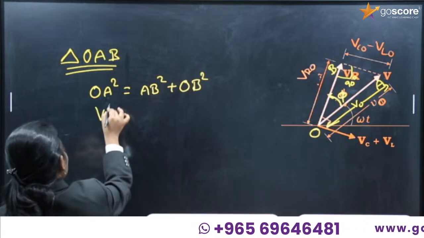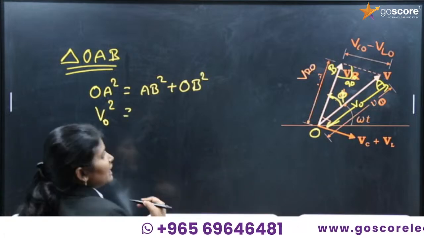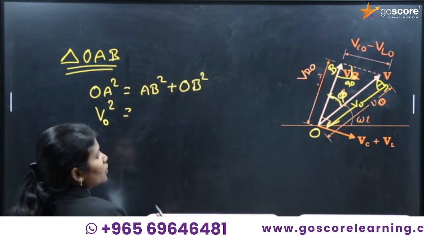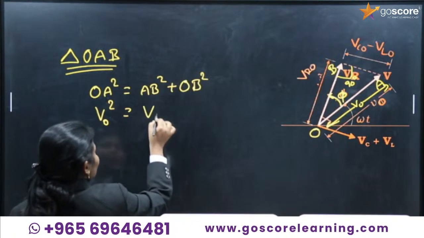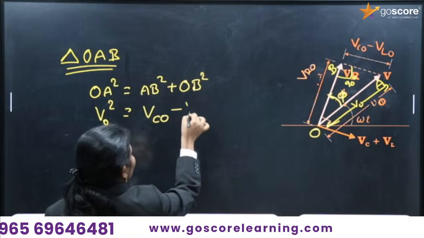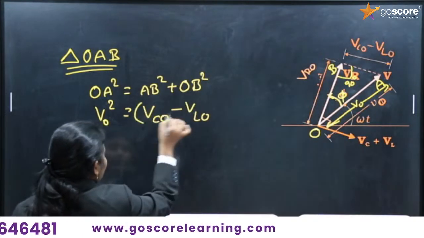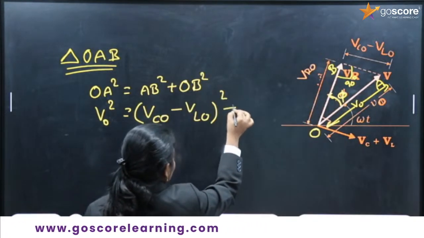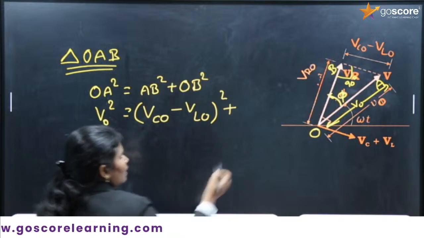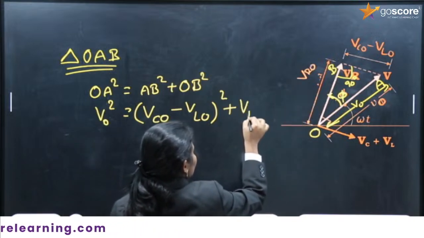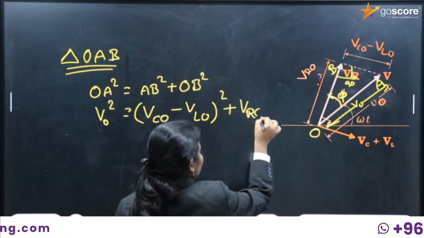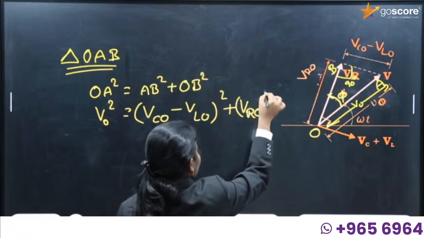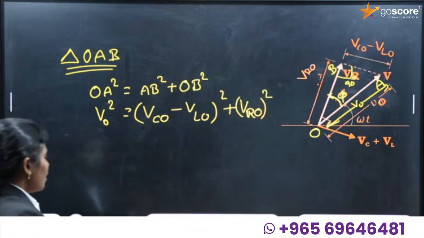V naught square is equal to, what is AB? VC naught minus VL naught whole square, plus what is OB? VR naught whole square.